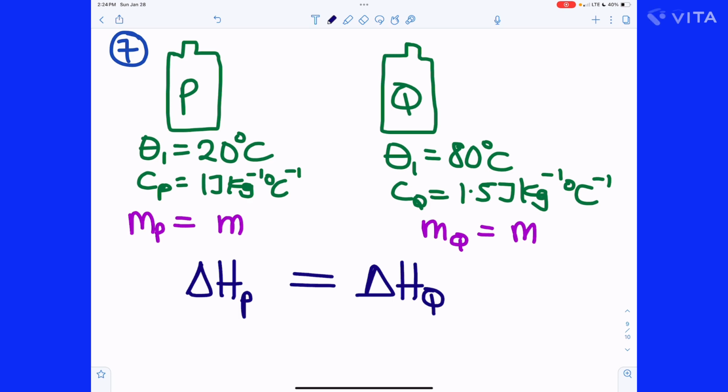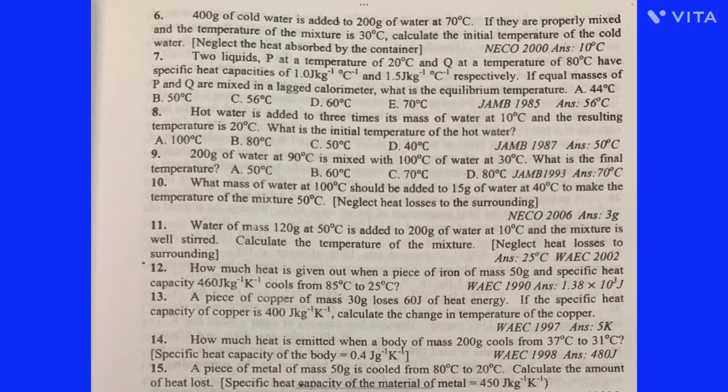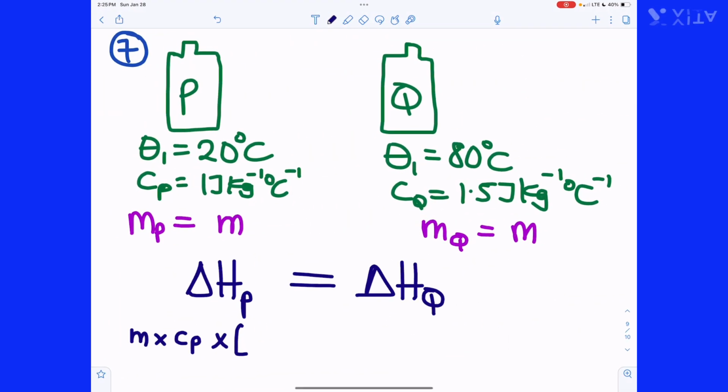So heat change in P is mass of P, which is M, times specific heat capacity of P, times change in temperature of P. Let's see if we have their final temperature. Okay, we are looking for the equilibrium temperature, theta.